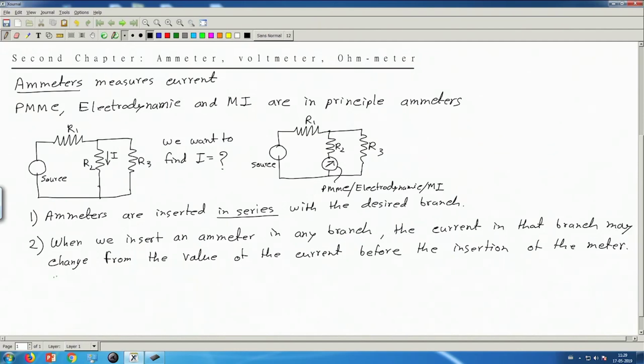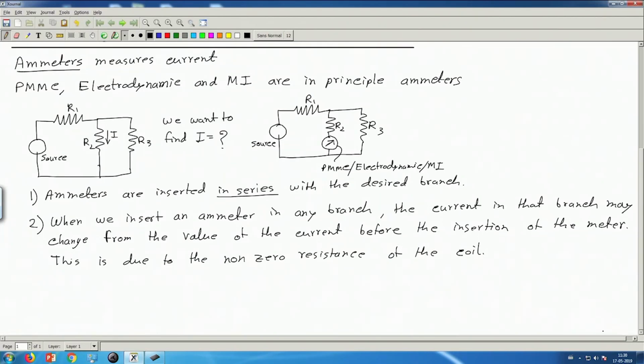This is due to the non-zero resistance of the coil of the meter. Therefore, ideally we would like the ammeter to have zero internal resistance, zero internal impedance.